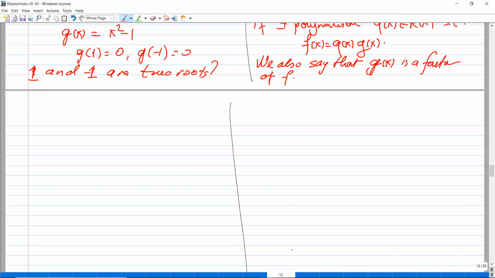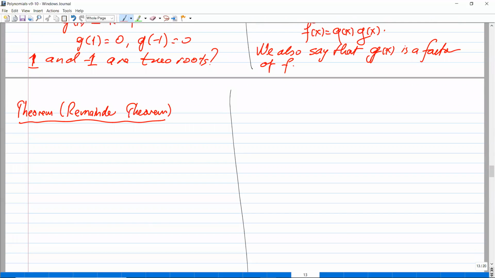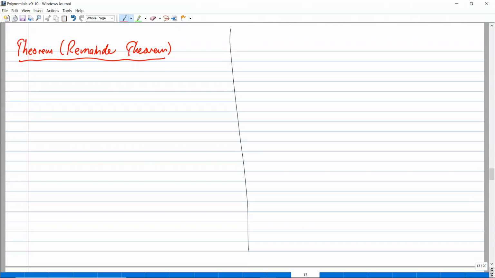So here's a theorem, the remainder theorem. Let R be a commutative ring with 1.